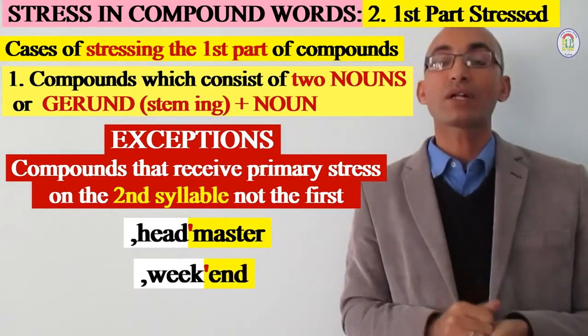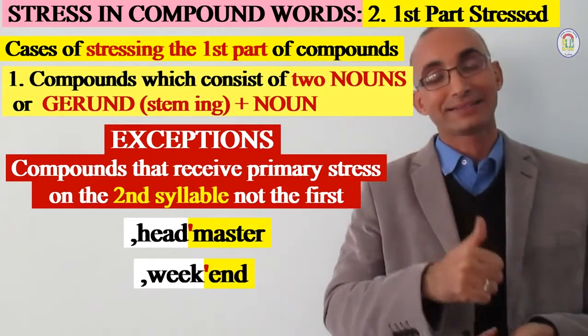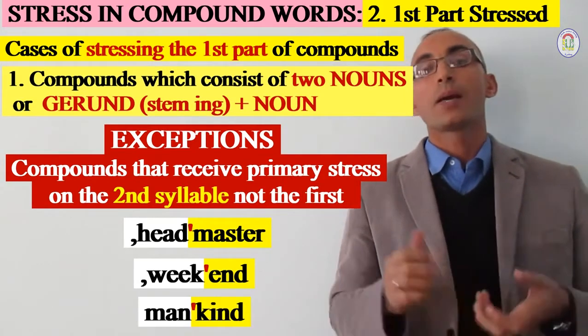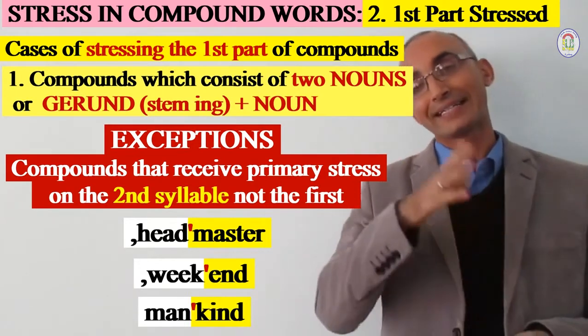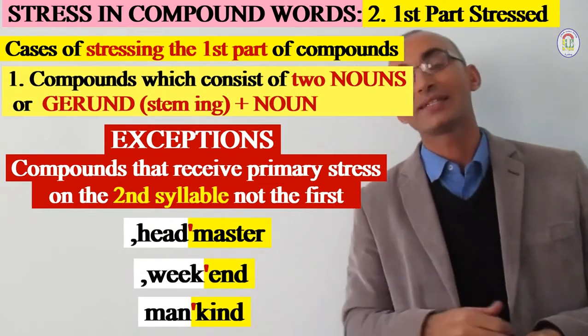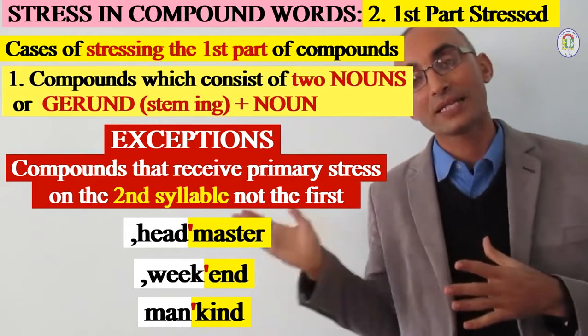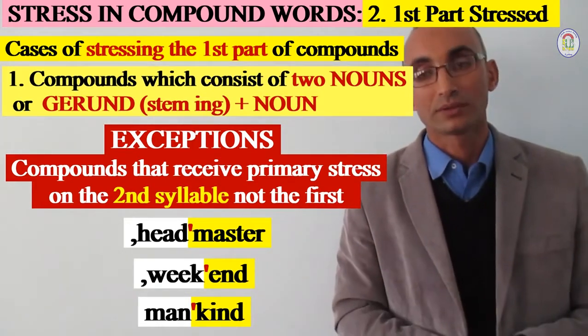I have also weekend. I stress end, the second part, not week. Also I have mankind. So I stress the second element here also, which is kind, and not the first one, because these three represent the exceptions for this rule. Clear?